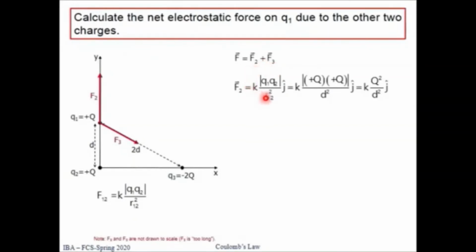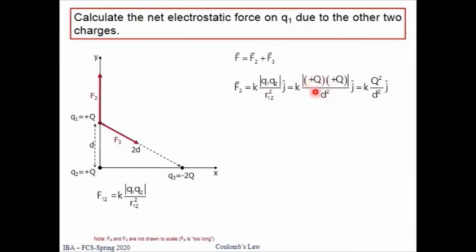Now let me find these two forces one by one. So F2 is equal to K Q1 Q2 divided by R12 squared, where R12 is the distance between Q1 and Q2, which is given here. So let me substitute this value in this equation: K Q1 Q2 divided by d square.